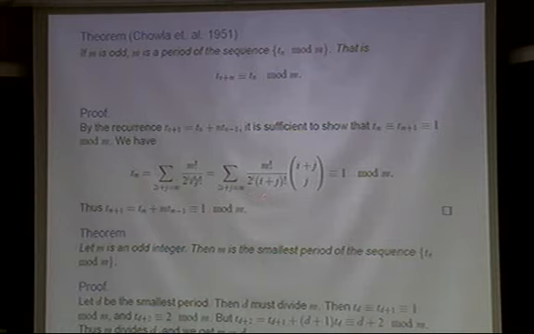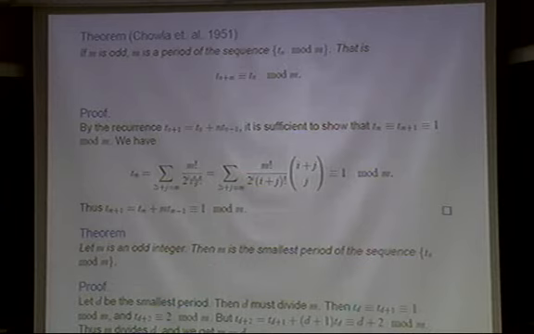Here, if j equals m, then this is 1, and otherwise this is less than m. So everything except j equals 1 is divisible by m. You can see that Tm is 1 modulo m. And using the recursive relation, Tm+1 is 1 modulo m. So we proved this relation.